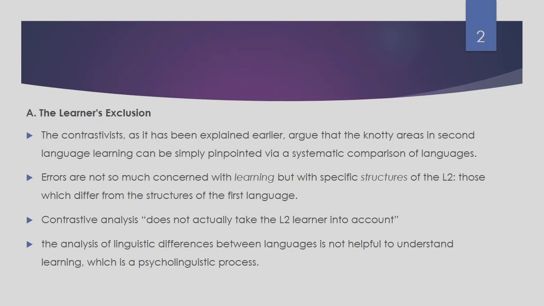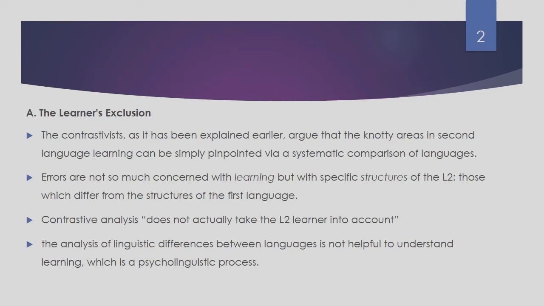For instance, if a researcher compares the grammatical structures of the Arabic language and the English language and finds that some areas differ, for instance, tenses or the use of prepositions, he can simply say that such areas are problematic and they will automatically lead to the production of errors without consulting the learner himself or without seeing or verifying if really learners make errors in these areas.